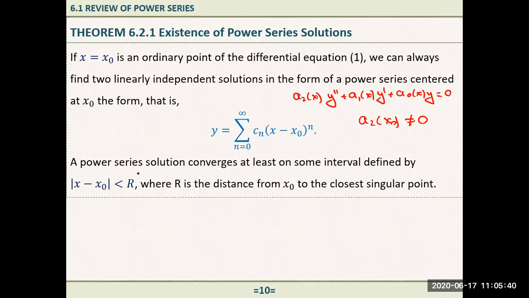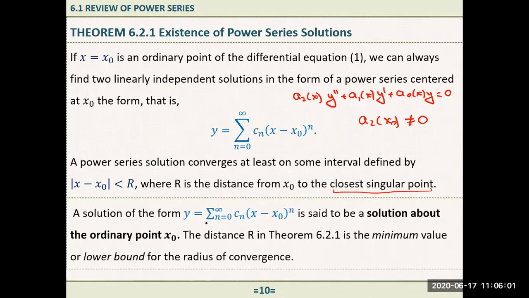A power series solution converges at least on some interval defined by absolute value of x minus x sub 0 less than or equal to r, where r is the distance from x sub 0 to the closest singular point. We'll also see this in an example.